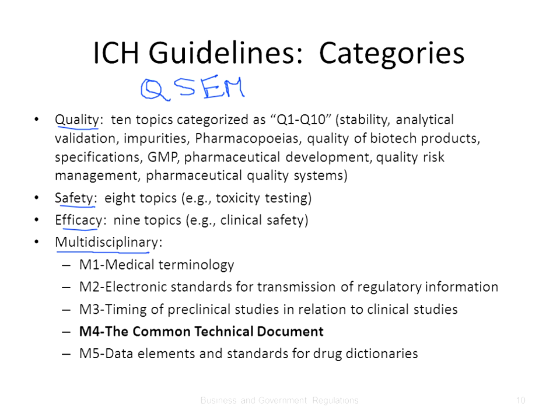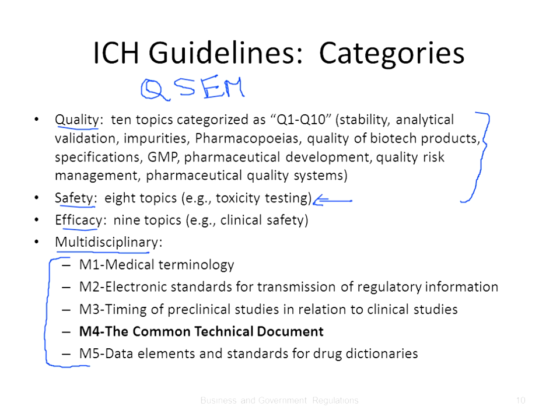Quality, of course, we know we are dealing with quality of products, GMPs, pharmaceutical development, risk management, etc. Safety has to do with toxicology testing and safety studies in humans. Efficacy, of course, is whether it is effective or not. And then there is multidisciplinary. Multidisciplinary applies to two or more of these categories. Because they couldn't classify it in one, they have multidisciplinary.